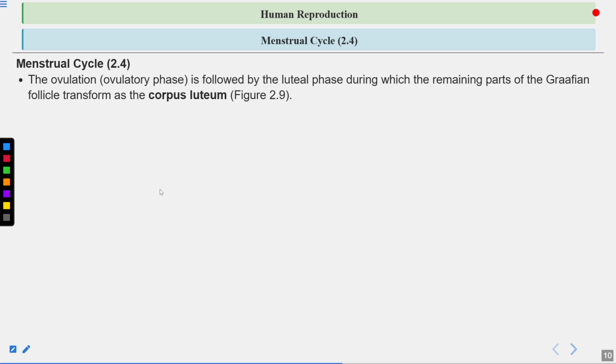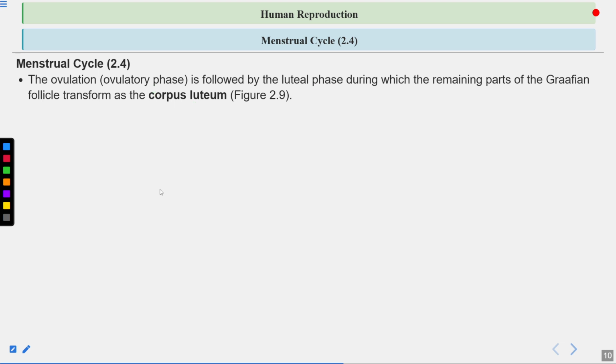Now, the next phase is the ovulation or the ovulatory phase, which is at the mid of the menstrual cycle. The ovulatory phase is followed by the luteal phase, where the corpus luteum is formed from the remnants of the Graafian follicle. During the luteal phase, the remaining parts of the Graafian follicle transform into the corpus luteum.